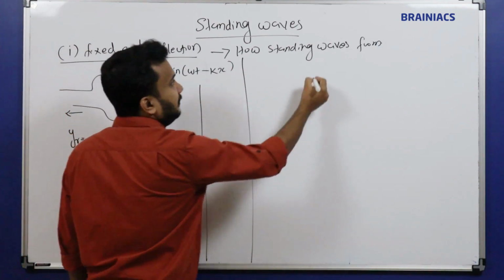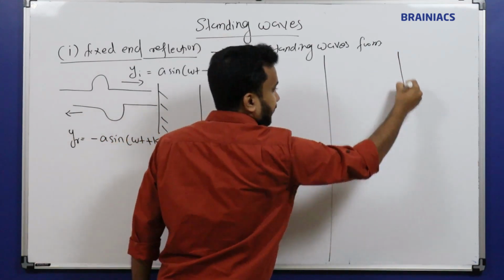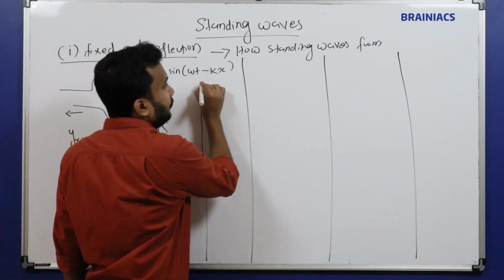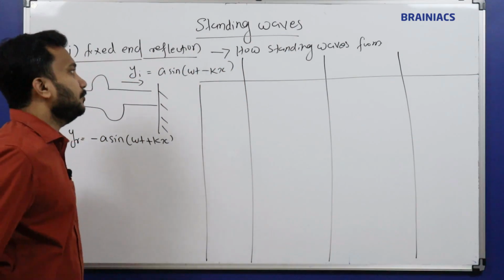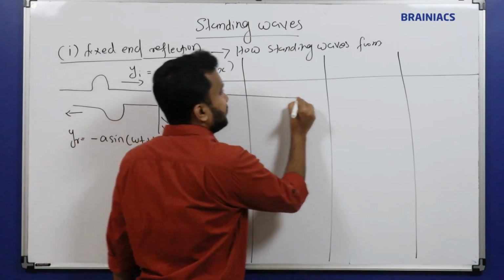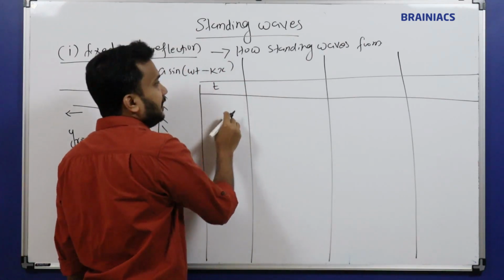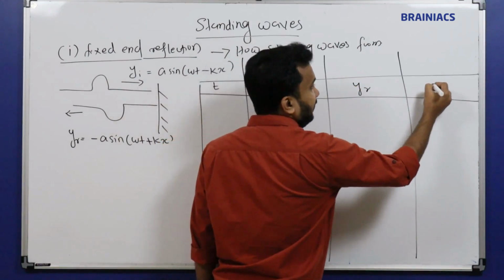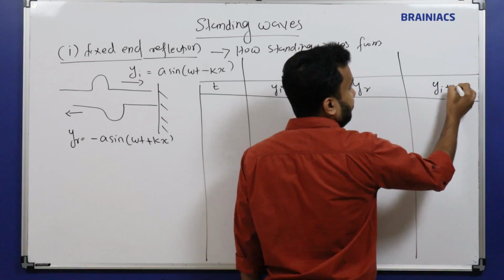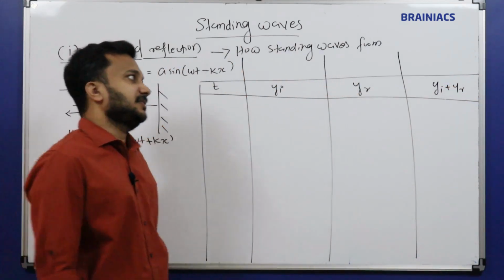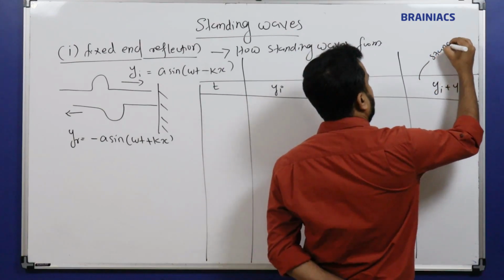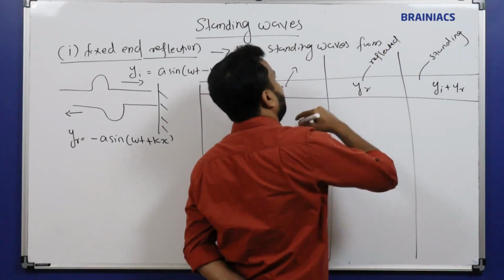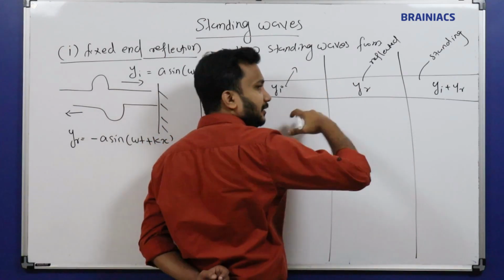We'll draw a table with columns 1, 2 and 3. The tabular column starts here. First we place the values of t. Second, for the different values of t, we find the value of y_i, the value of the reflected wave y_r, and the resultant wave, y_i plus y_r. This is actually our standing wave, this is our reflected wave, and this is our plane progressive wave, the wave going forward.